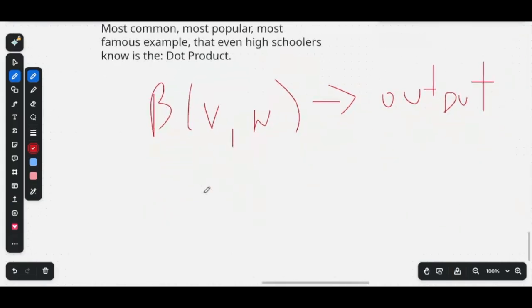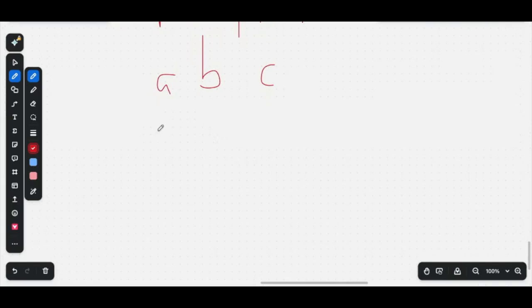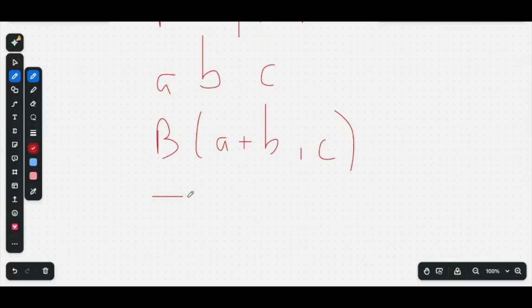The linear part means that, okay, suppose I have vectors A, B, C, then B of A plus B comma C is just equal to B(A, C) plus B(B, C). Okay.